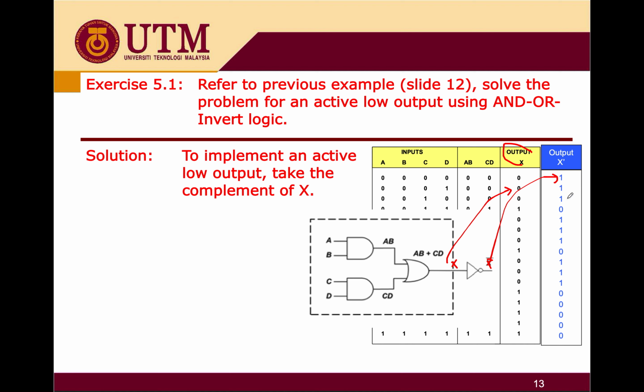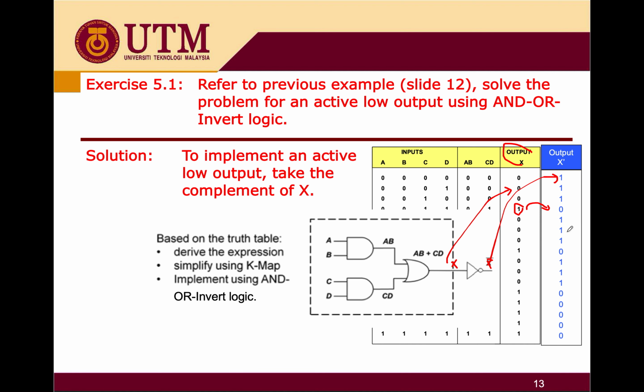After that you are going to take your low input and active low input. So what is the meaning of active low input? Basically it is a high input, and then you convert it, it becomes a low, a 0.